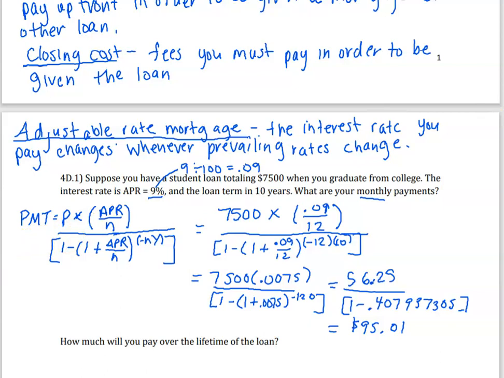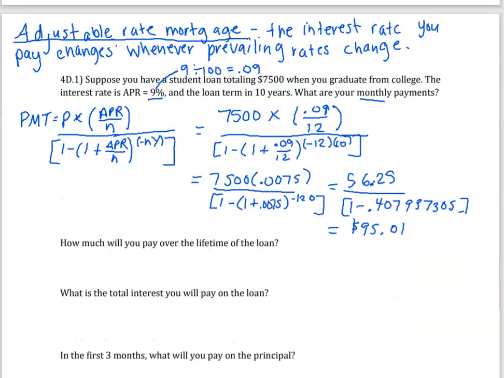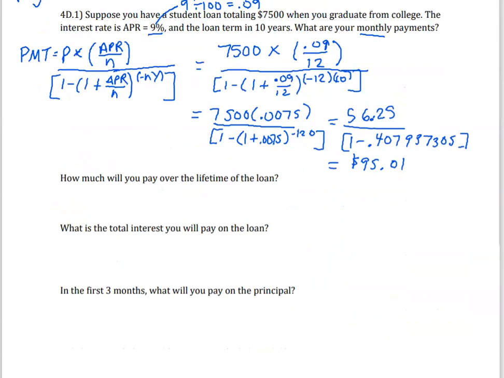If I took out $7,500, I have to pay that back over 10 years with an interest rate of 9%. So how much will I pay over the lifetime of this loan? Well, I've got to pay on this loan for 10 years, and there are 12 months in 1 year, and I've got to pay $95.01 every month.